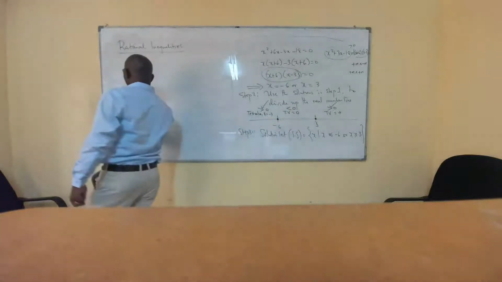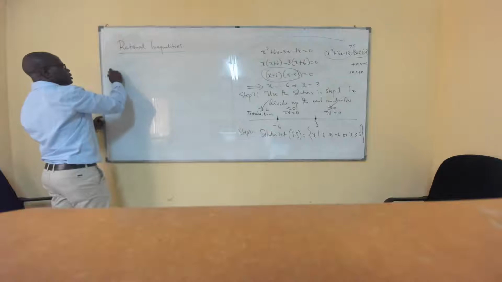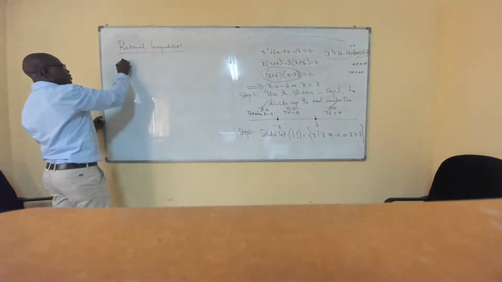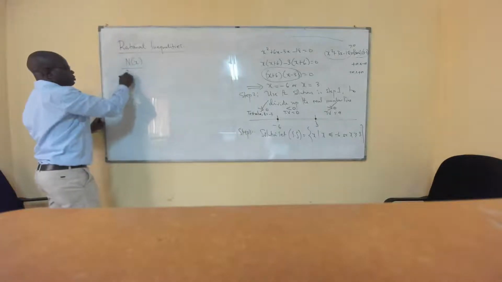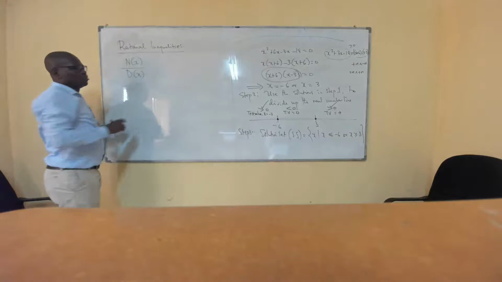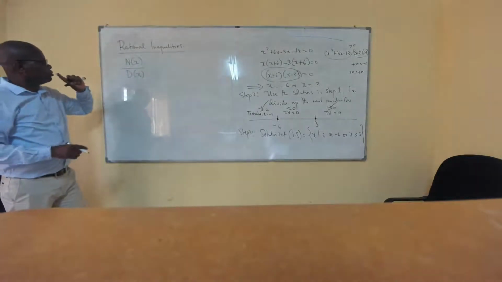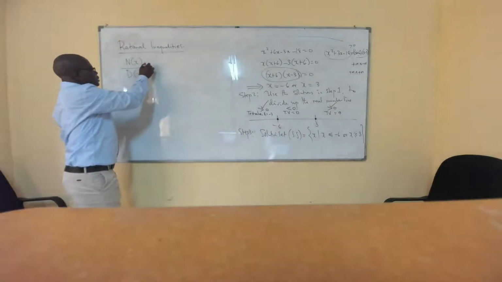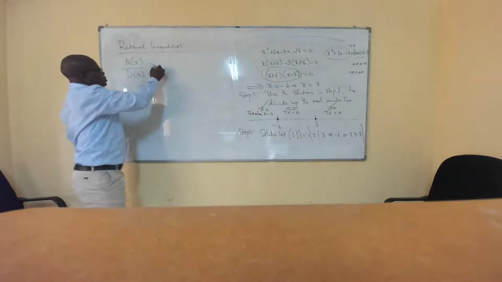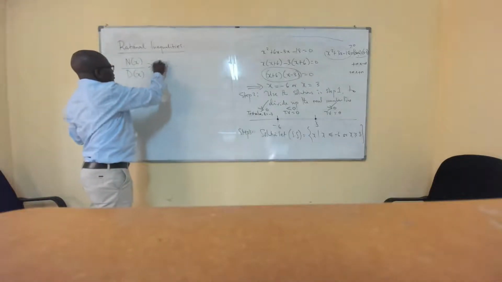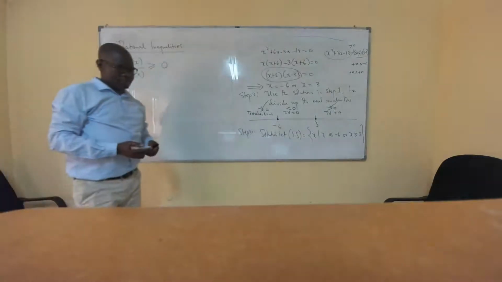A rational inequality is one which takes the form of a numerator over a denominator, where these are polynomials, and we can also have something like greater than or equal to 0 here. So this is a rational inequality.